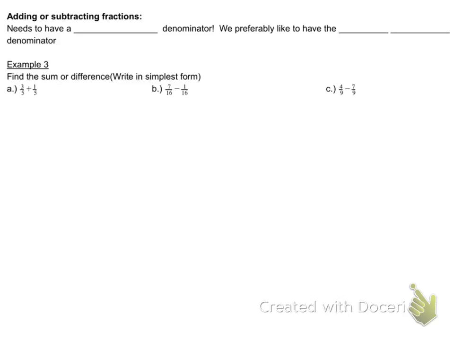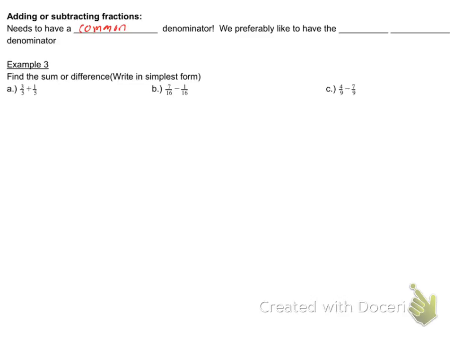Next is adding and subtracting fractions. You need to have a common denominator to do this. What is it? Common. You need to have a common denominator, and preferably we like to have the least common denominator.